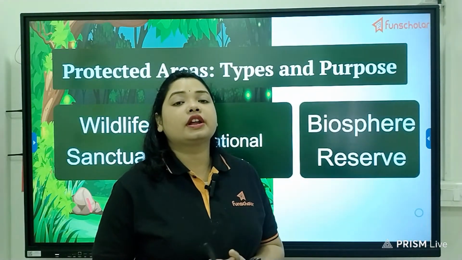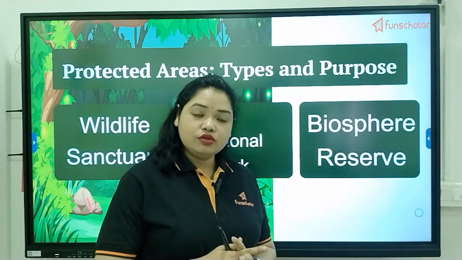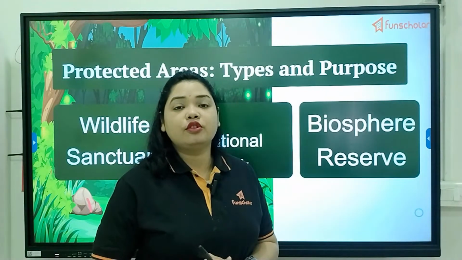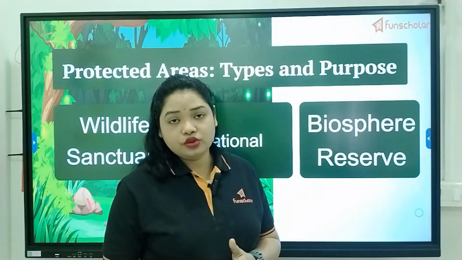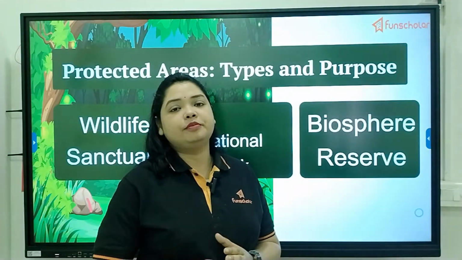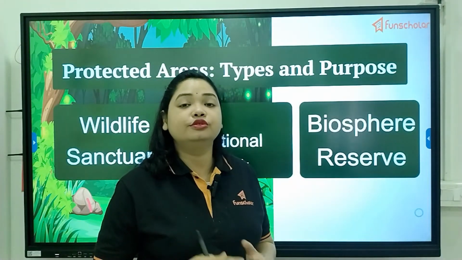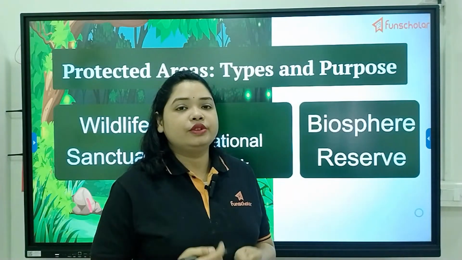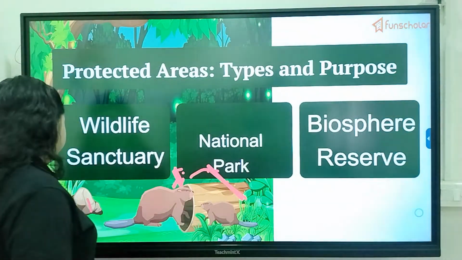Here you cannot carry out any human activity. In the buffer zone, you can carry out only some research activity for education purposes, and in the transition zone, sustainable human practices such as agriculture, collection of timber, food, and medicinal herbs only are allowed. So we'll now see the video regarding all three of them.